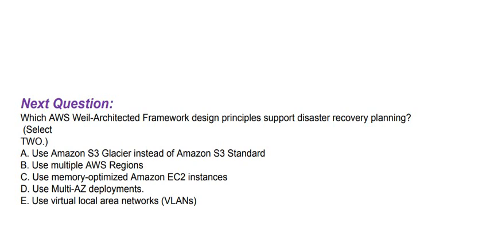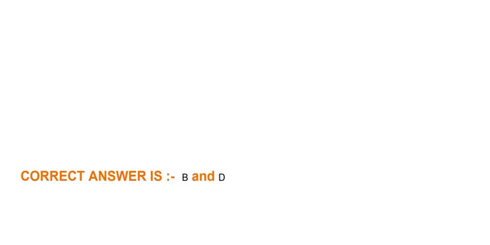Option C, use memory optimized Amazon EC2 instances. Option D, use multiple AZ deployments. And option E, use virtual local area networks. The correct answer is option B and D.